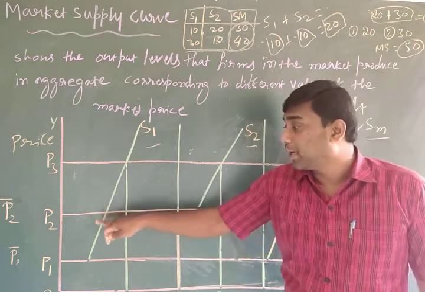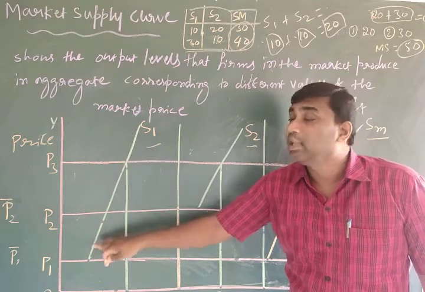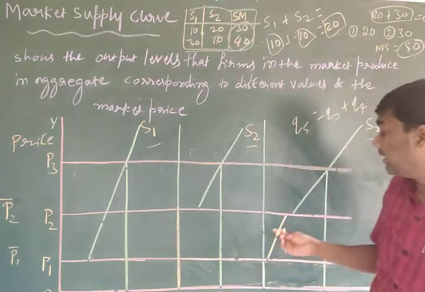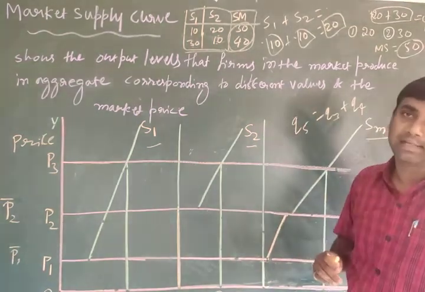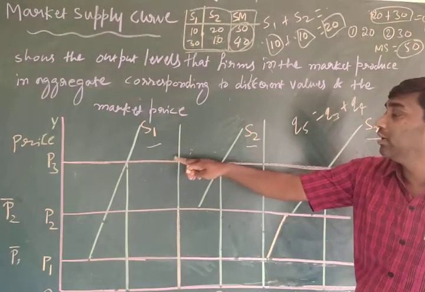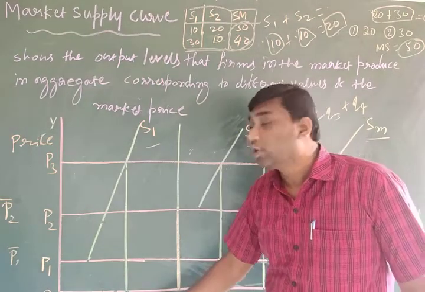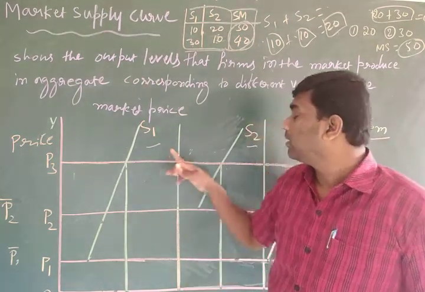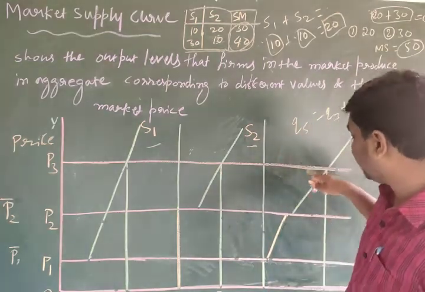But at the price P2, that is greater than P1, that time only that coincide, this is the coincide of market supply, at the price P3. You can observe here, even at the price of P3, the supply of firm 1 is Q3 quantity, and firm 2 quantity supply is Q4 quantity, and the market supply curve is Q5.